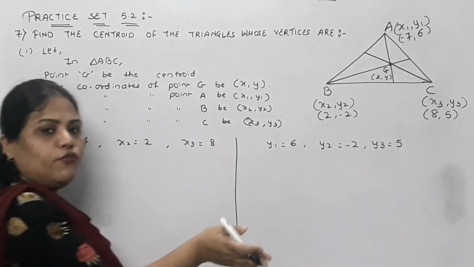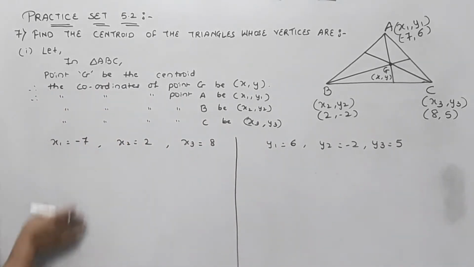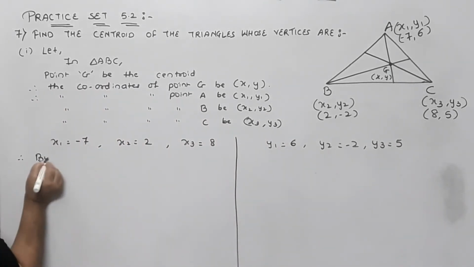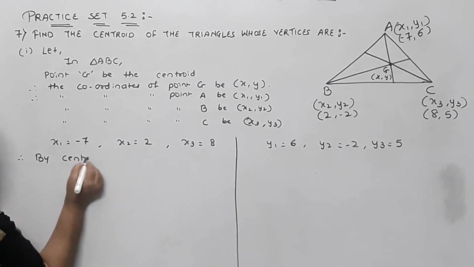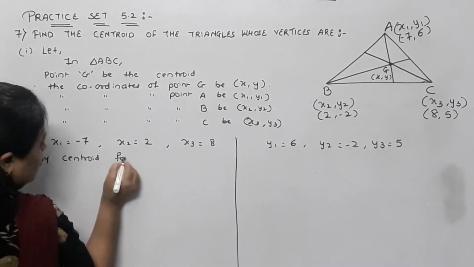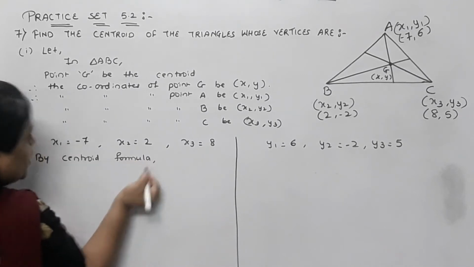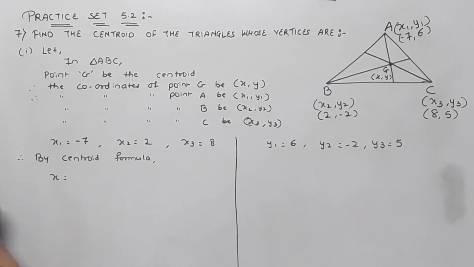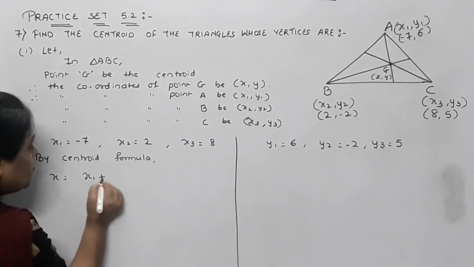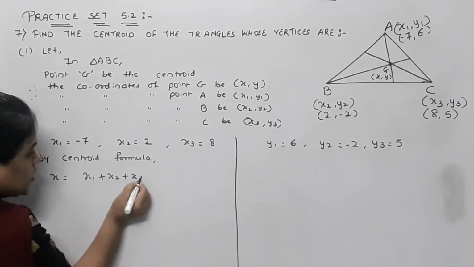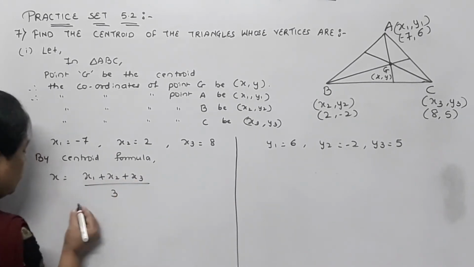Here we will solve for the y. So therefore by centroid formula, x equals to x1 plus x2 plus x3 upon 3.